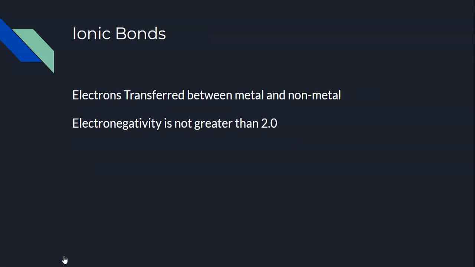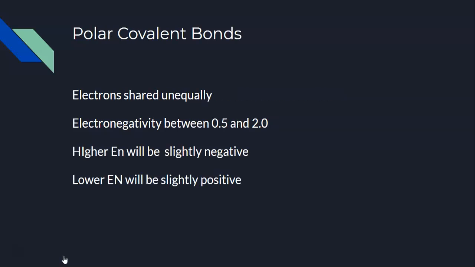When we're looking at ionic bonds, again, that's electrons being taken or given between metals and nonmetals. So that's the steel part of our bonding. Your electronegativity difference is greater than 1.7, but not greater than 2. If it is polar covalent, that means we're going to share electrons.